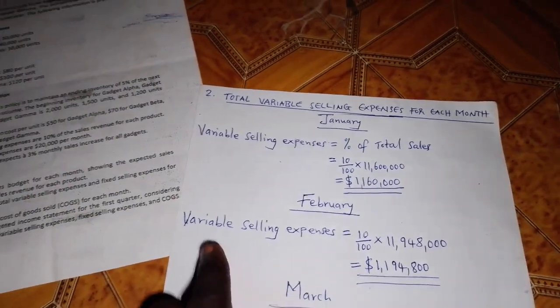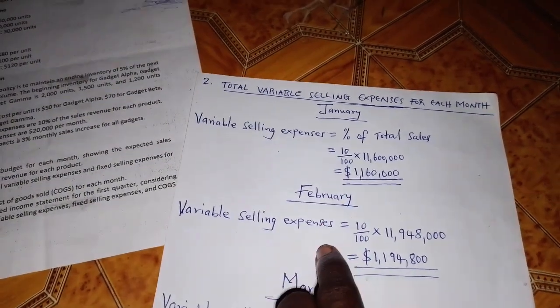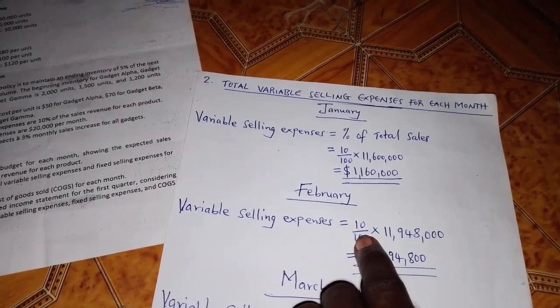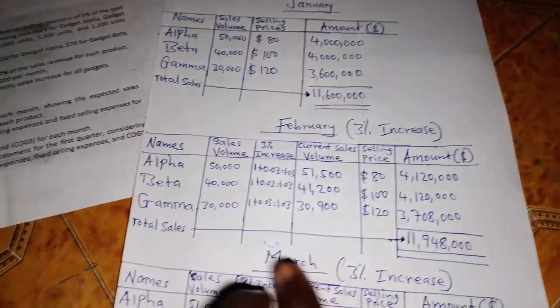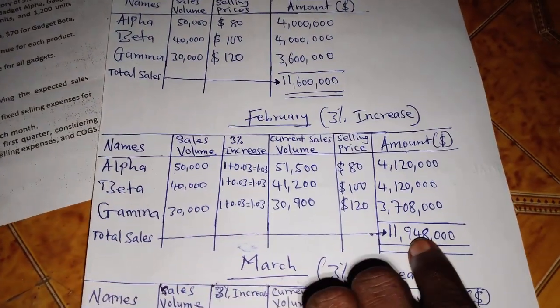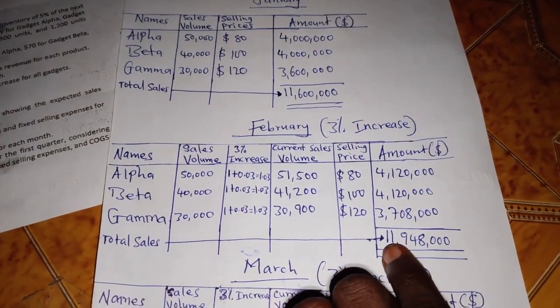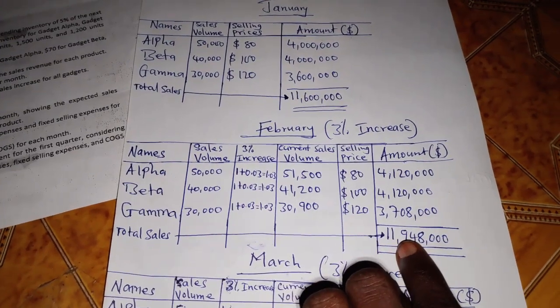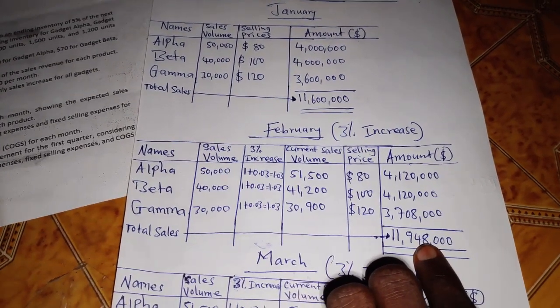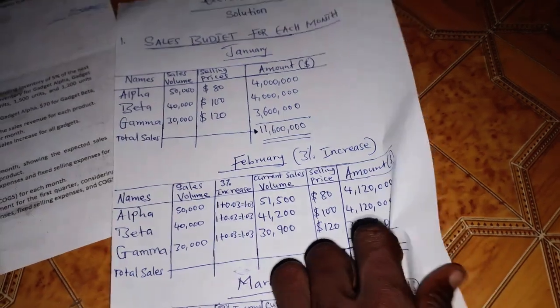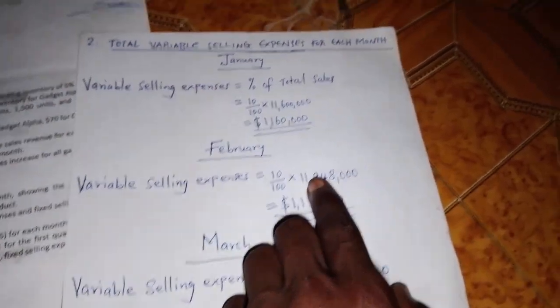We do the same thing for February. The 10% is constant, multiplied by our total sales for February, which is $11,948,000. It will be taken here. Are we saying?